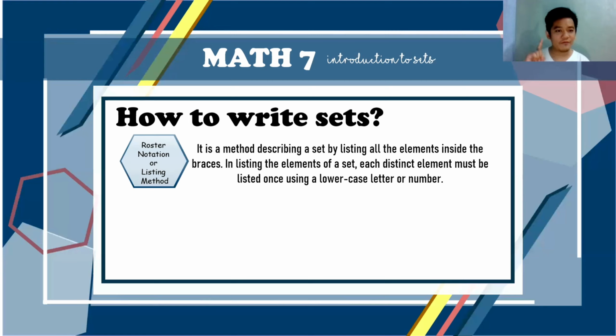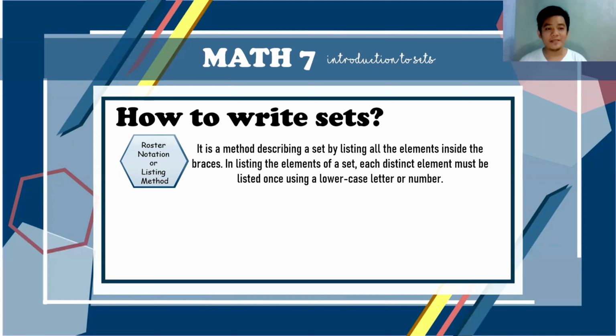So meaning we have rules to follow in writing sets using the roster notation or listing method. The first one is no element shall be repeated. You have to remember that. Again, no element must be repeated. The second one is whenever our elements are letters, then we use the lowercase letters. We have to follow those two rules.